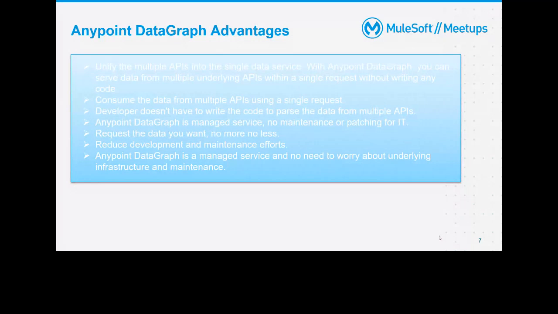As I mentioned, Anypoint Data Graph is a managed service, so you don't have to worry about maintenance, patching, or infrastructure. It's completely a SaaS product, software as a service. You can request exactly how much data you want. If you want two fields, you just request two fields. If you want five fields, you just request five fields.